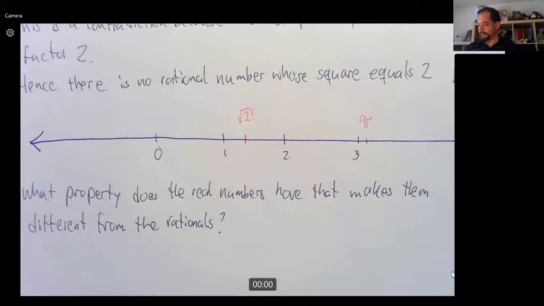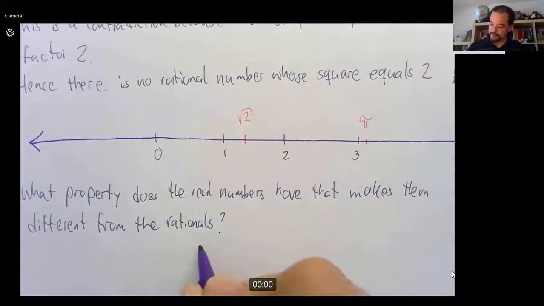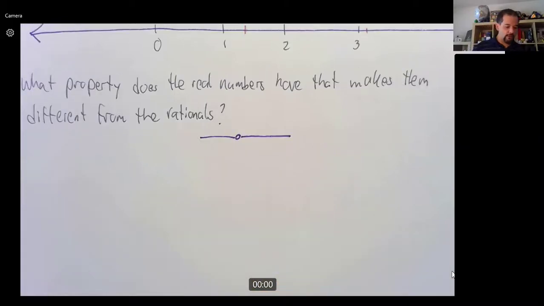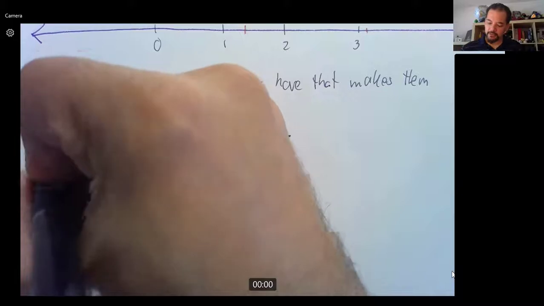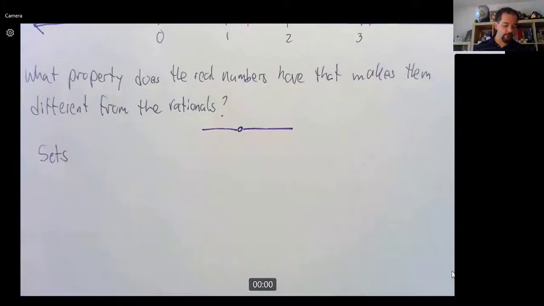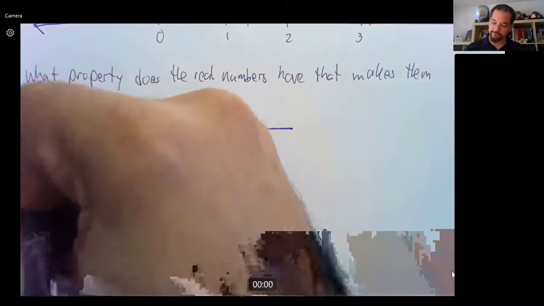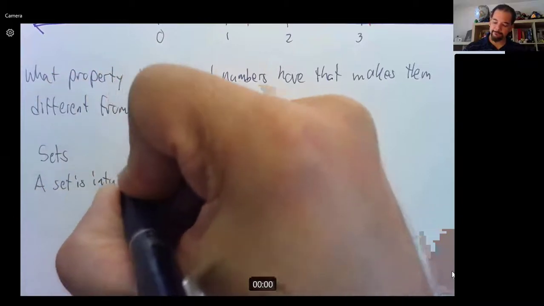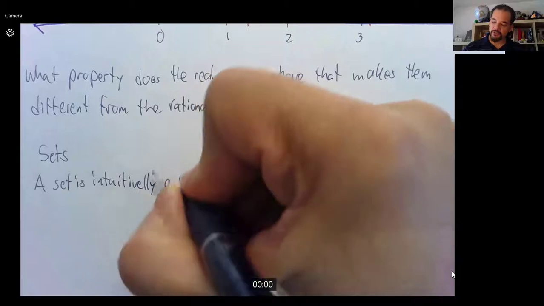So let's talk about sets. How do we write sets? So usually we use capital letters to denote them. So a set is intuitively a collection of objects.